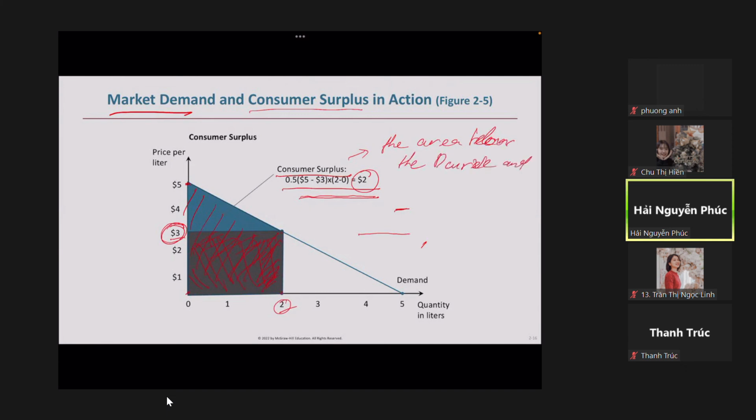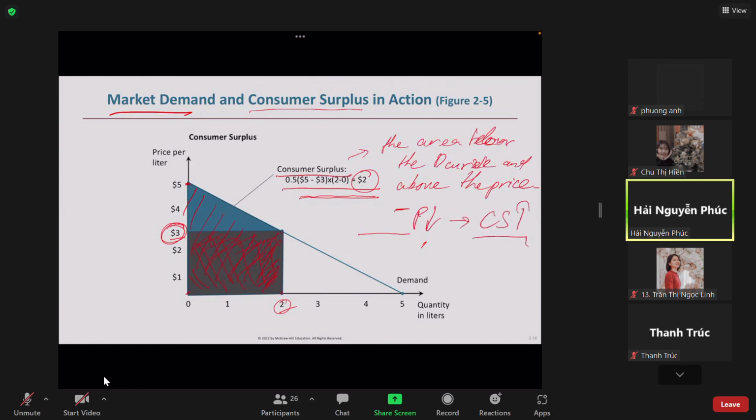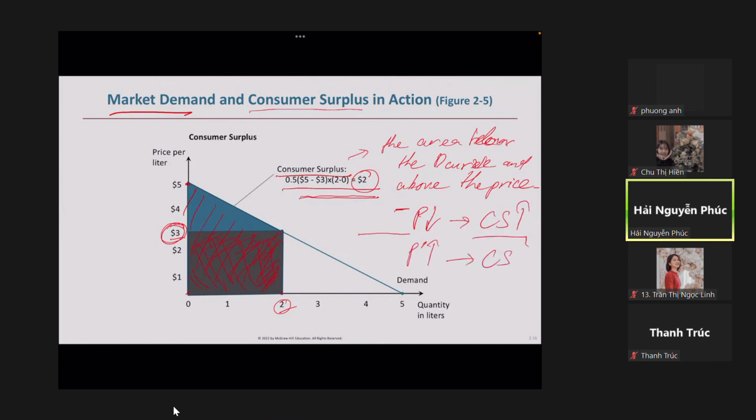All right, and the key point is pretty simple. If the price decreases, then the consumer surplus will increase. If the price increases, then the consumer surplus will decrease.